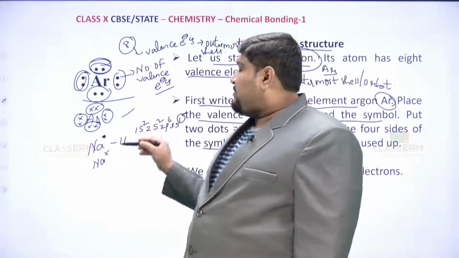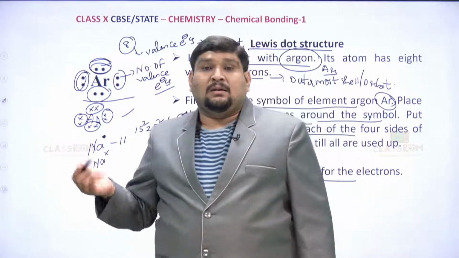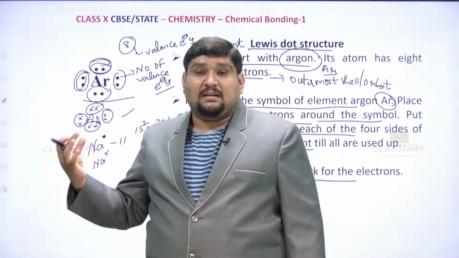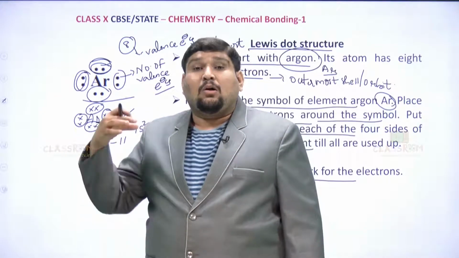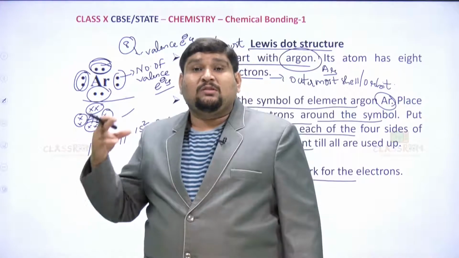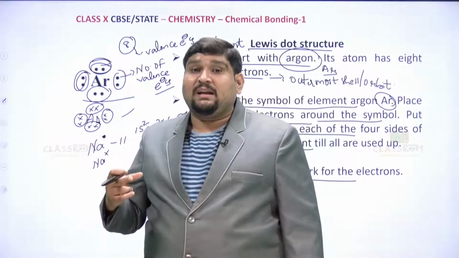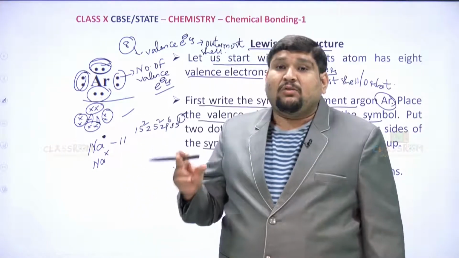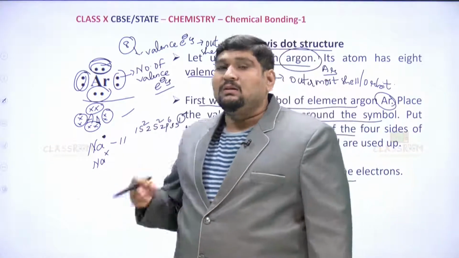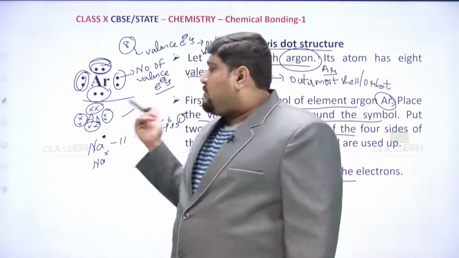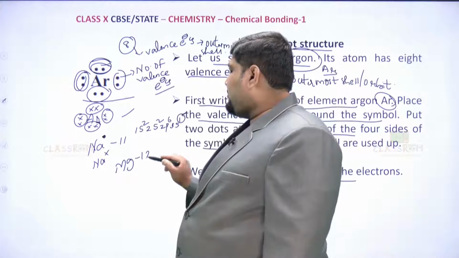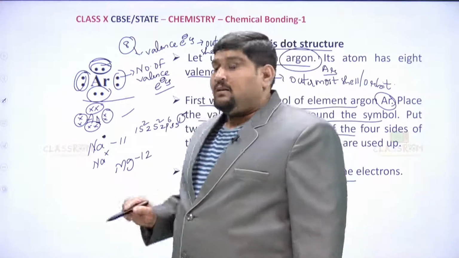So we can find the number of available valence electrons for each different atom depending upon their outermost shell, which we are trying to represent in the form of Lewis dot structures. If you go for magnesium, as you know magnesium has atomic number 12.